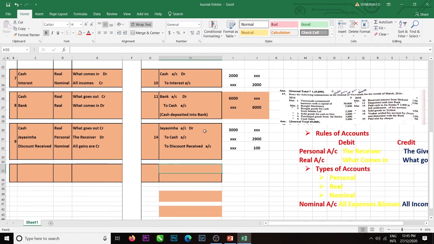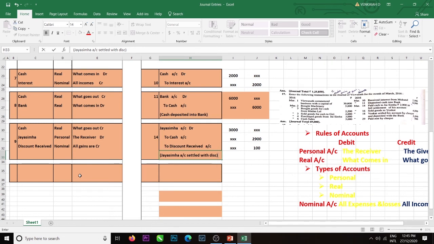Narration will be: Jaisimha account settled with the discount.